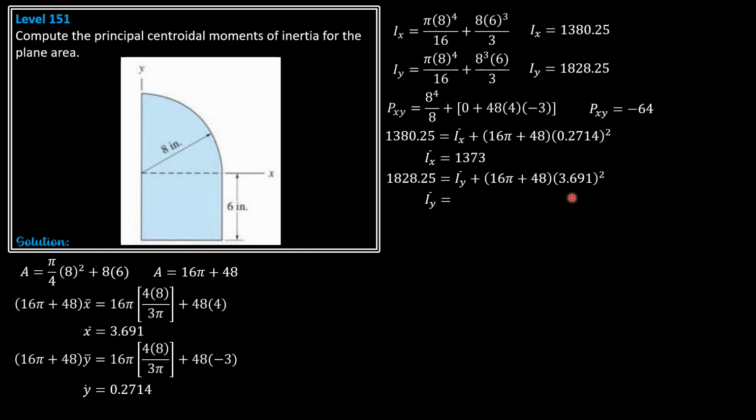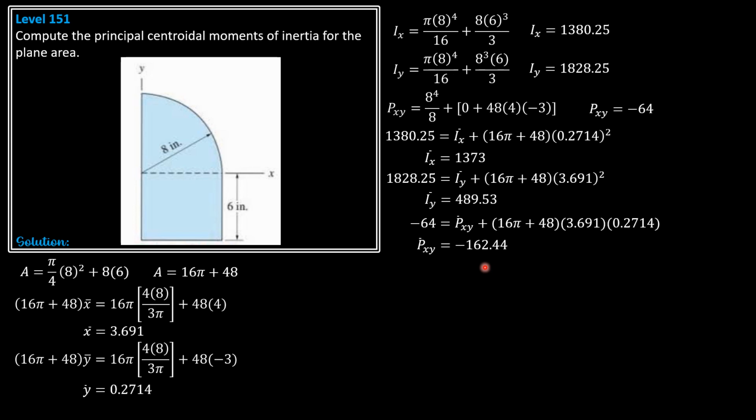So I barred y is equal to 489.53 inches to the 4th. While Pxy, negative 64, equals P barred xy plus area quantity 16 pi plus 48, barred x is 3.691, barred y is 0.2714. So computing for P barred xy, it is equal to negative 162.44 inches to the 4th.